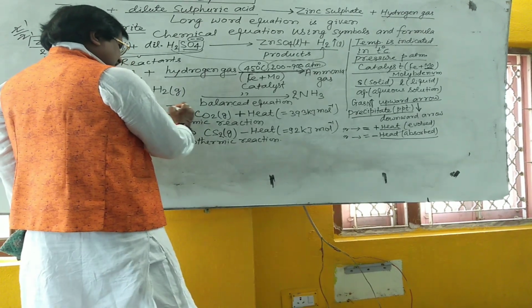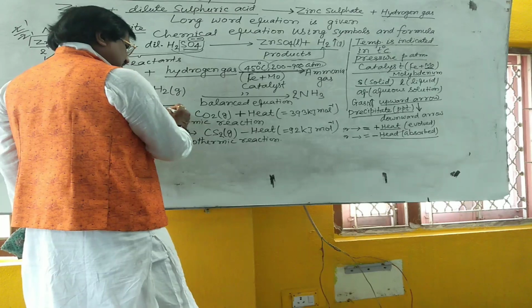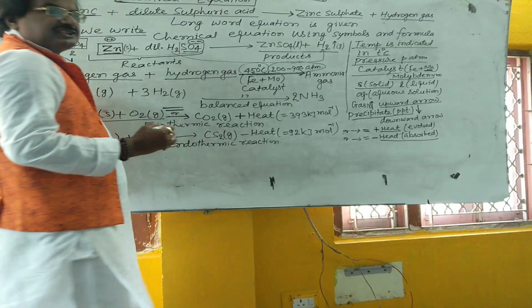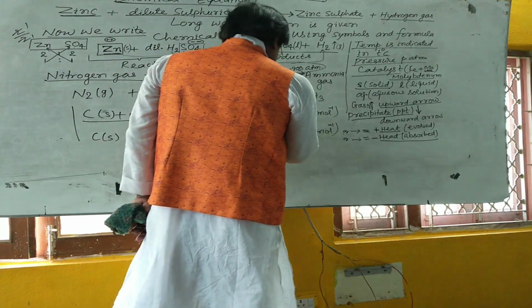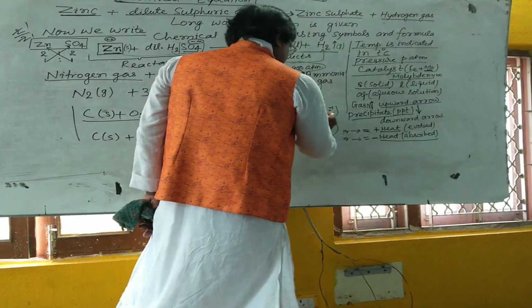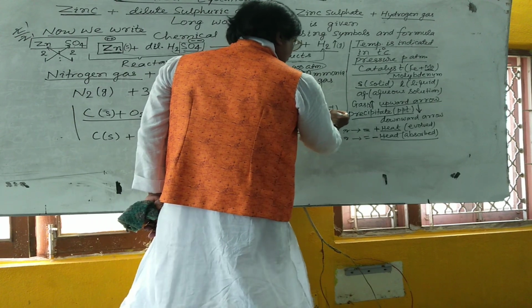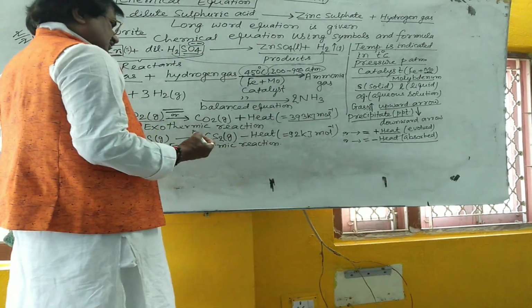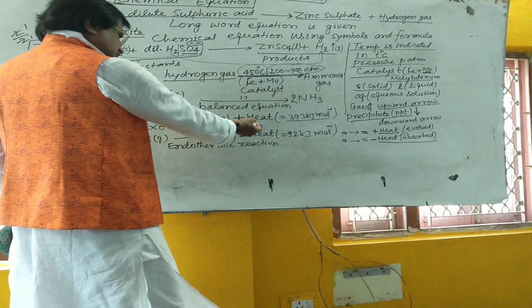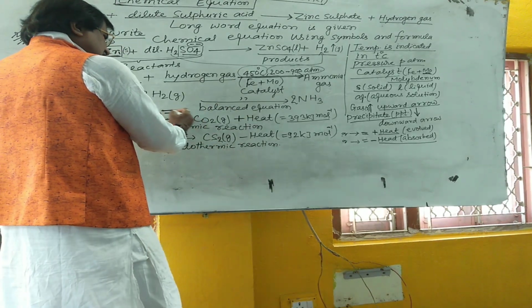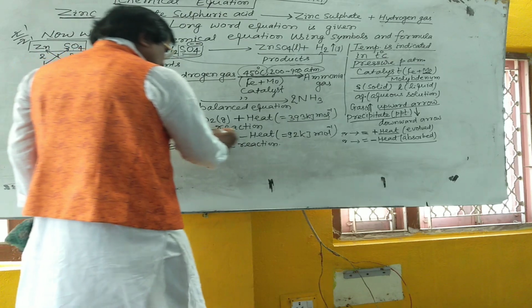In place of the arrow you can use is equal to. Then heat is evolved: 393 kilojoule per mole of heat is evolved. So in this case, if positive is placed after the arrow or is equal to, then it is called an exothermic reaction.